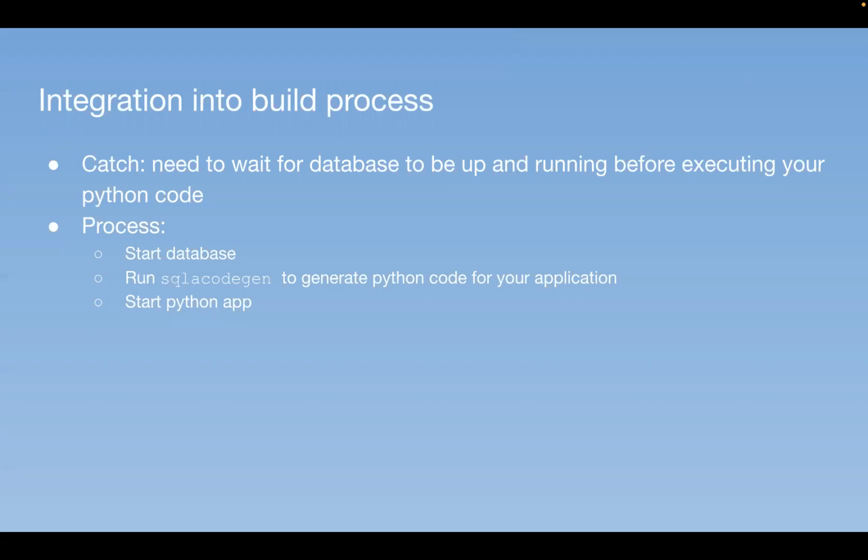So this means that in order to generate this code, your database needs to already be up and running before you start executing your Python code, because otherwise you're just not going to have the Python code generated and your app isn't going to build because it's trying to use code that doesn't exist yet.